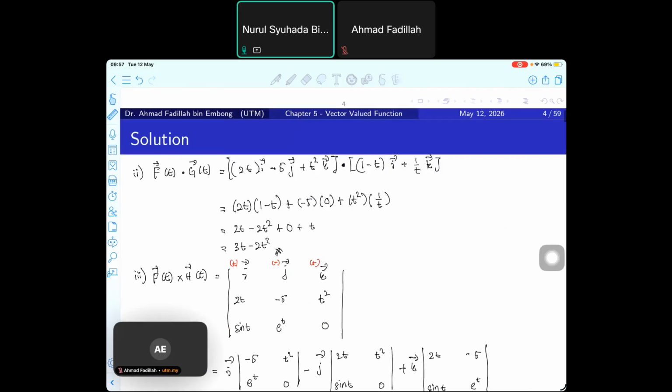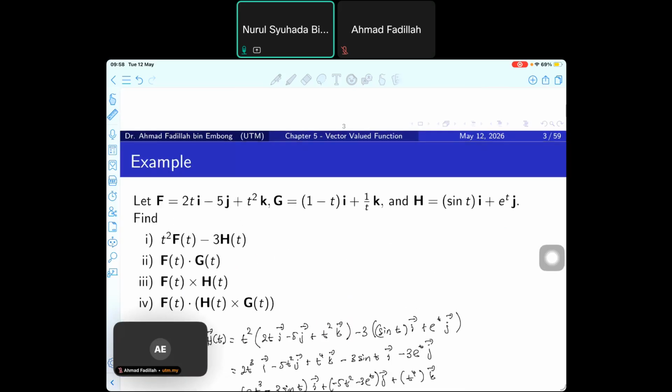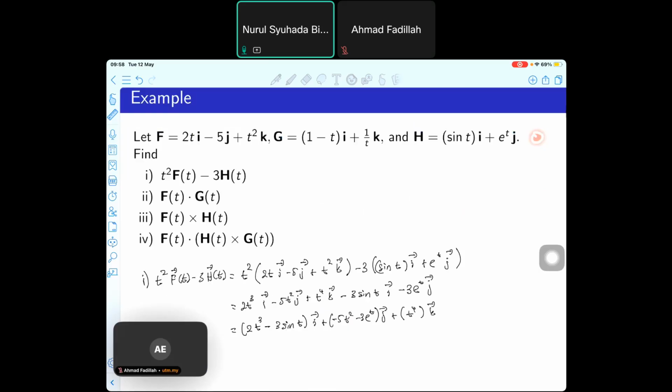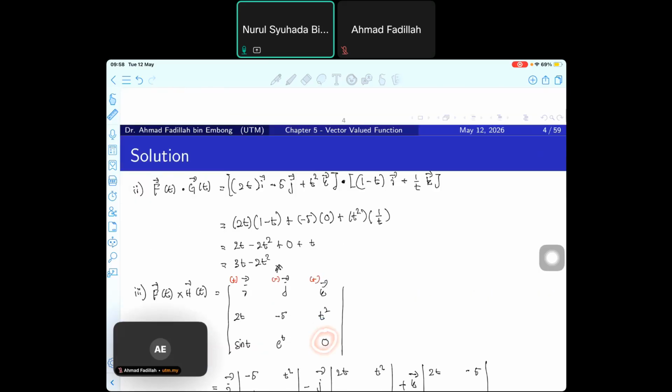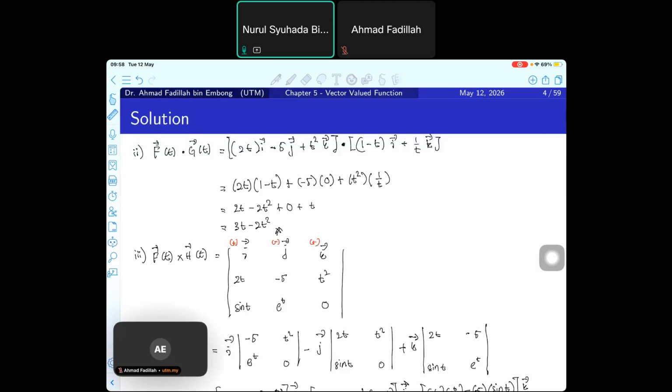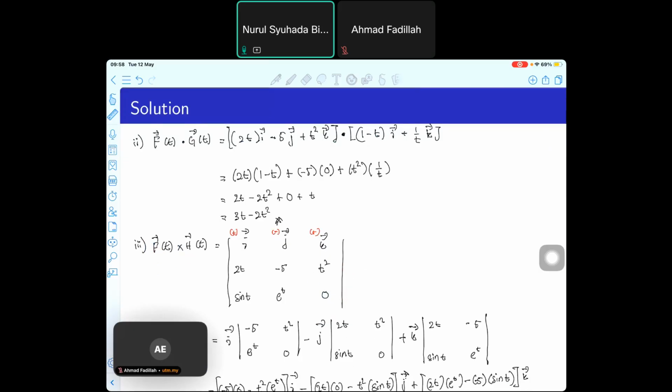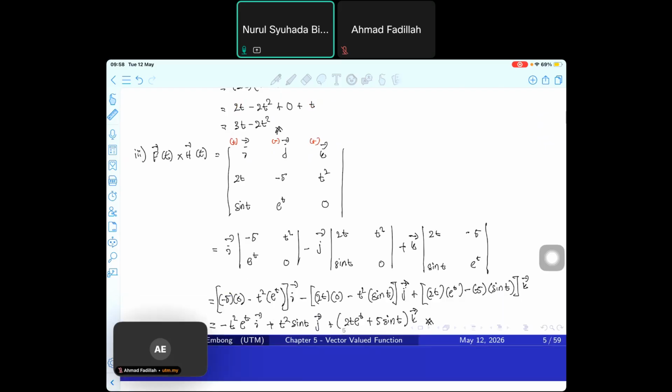So this is the i component, this is the j component, and this is the kth component of the vector H. If you don't have any kth component, it must be equal to 0 over here. Substitute everything, and you have to follow the order: first you write F, second you write H. You cannot interchange the cross product.